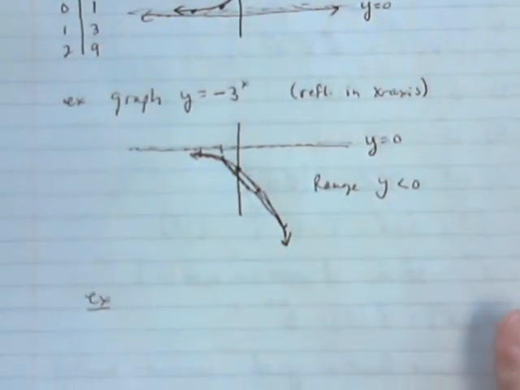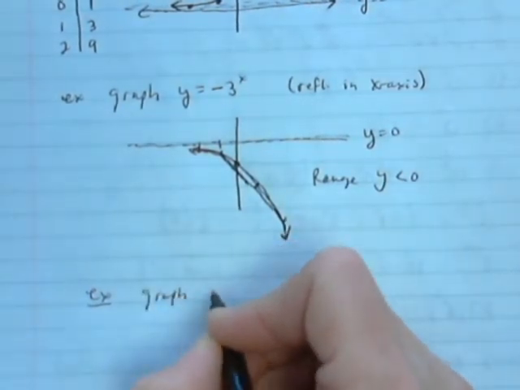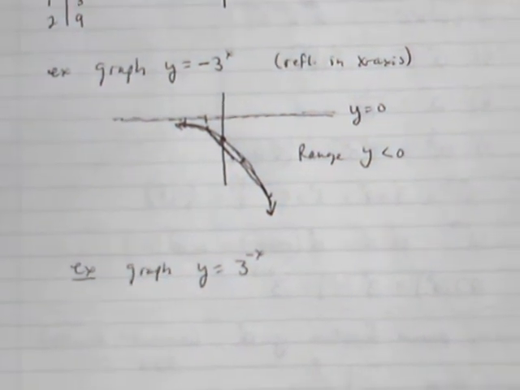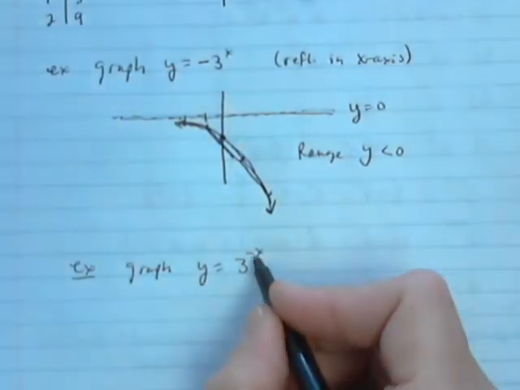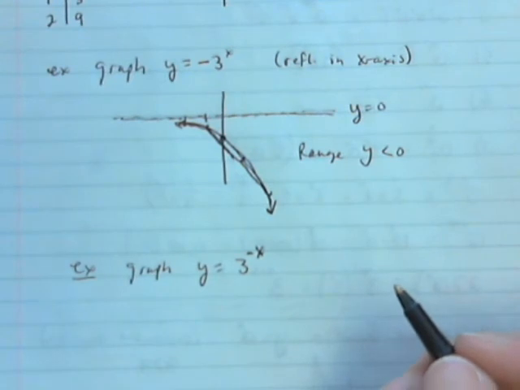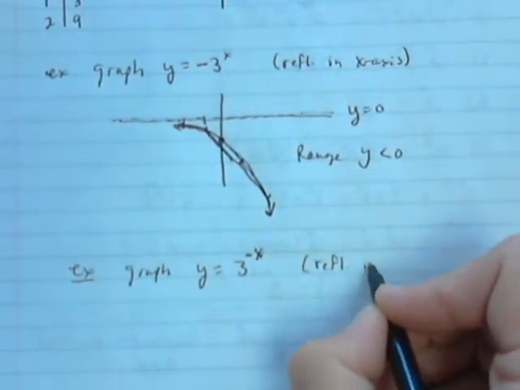Let's say we want to graph y is equal to 3 to the -x power. Negative in front of the x means you're negating all of the x values, which means you're going to reflect in the y-axis.